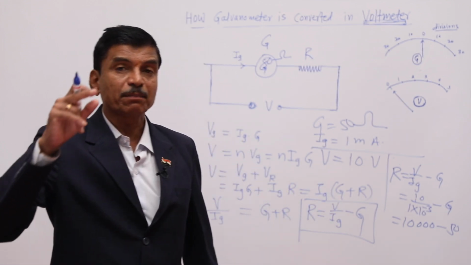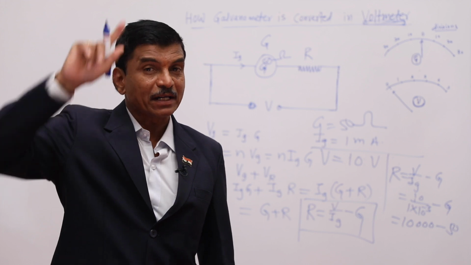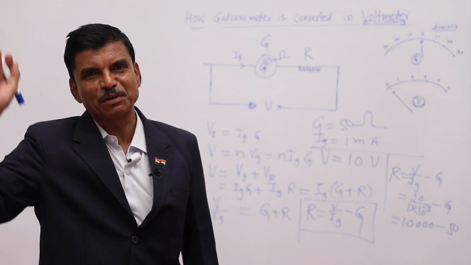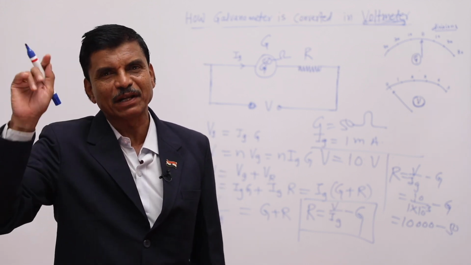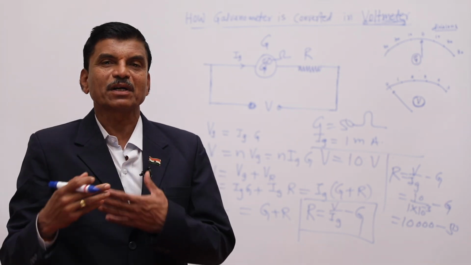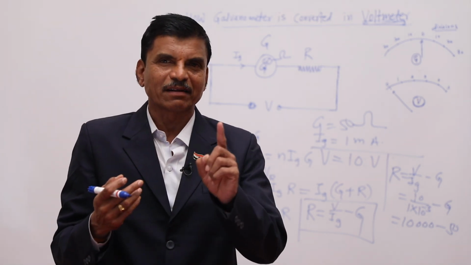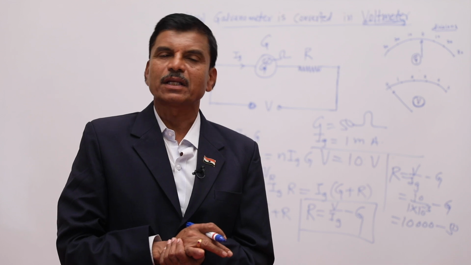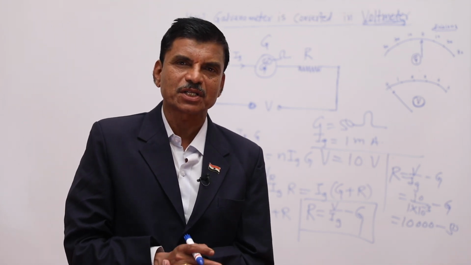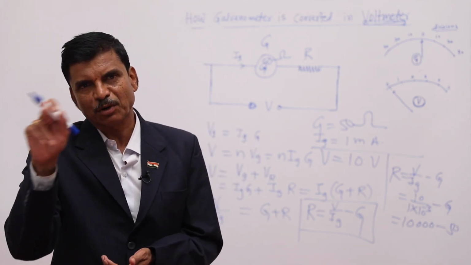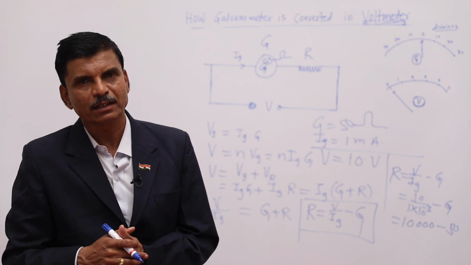To solve an example on an ammeter, find that n value. That is very important. If you find the n value, the number of times the current range is increased, then you will connect the shunt resistance S having value G upon n minus 1. Okay? Thank you.